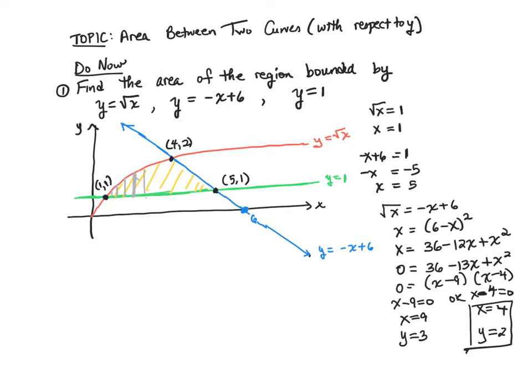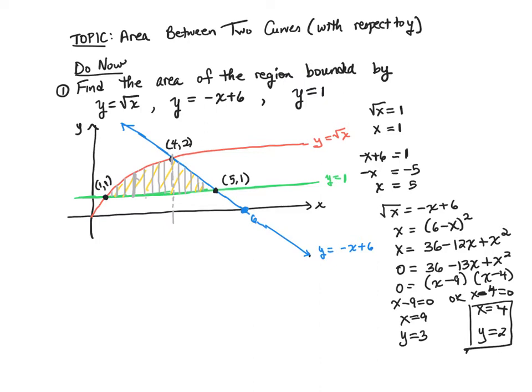And as I go through the region, notice everything seems okay until I hit here. To the right of x equals 4, the vertical rectangle does not hit the red curve anymore. It hits the blue curve. Top minus bottom would be blue minus green. That would represent the height of the rectangle in that region.